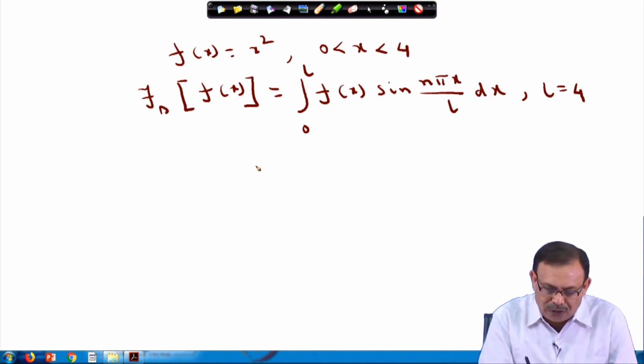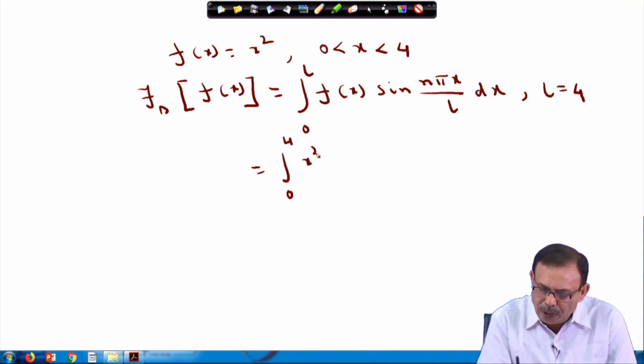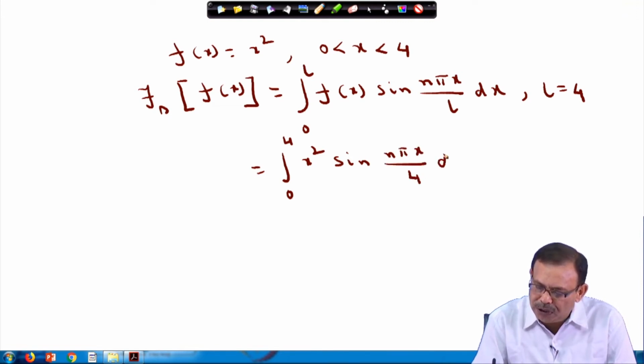So, the integral you can write as 0 to 4 of x square sin(n pi x by 4) into dx.